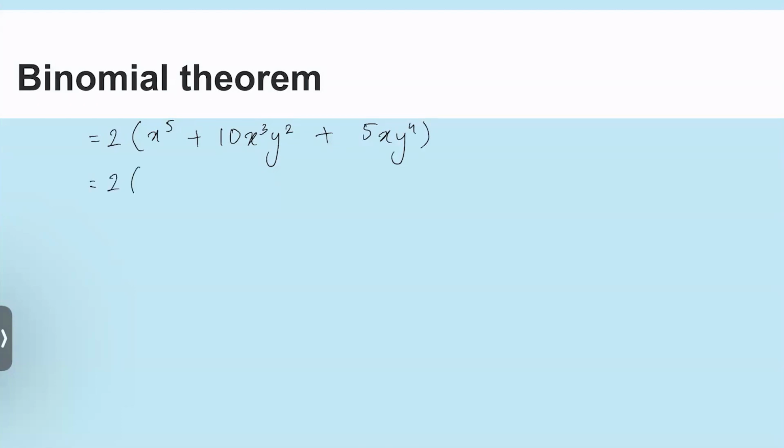So you have 2 and you have x raised to 5 plus 10 x cubed. Y was equal to the square root of x cube minus 1. If you square this, what you get is x cube minus 1, plus 5x. Now y raised to 4, so this raised to 4 will give you x cube minus 1 the whole square.